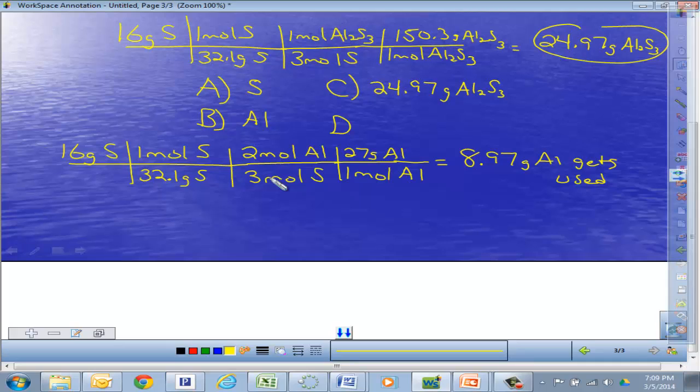But the question said, how much aluminum is left over? So if you remember back at the start, we had 12 grams of aluminum to start with. We're going to use 8.97 grams of aluminum. And when I run that through, I get an answer of 3.03 grams of aluminum. So in part D, how much aluminum is left over? 3.03 grams of aluminum.